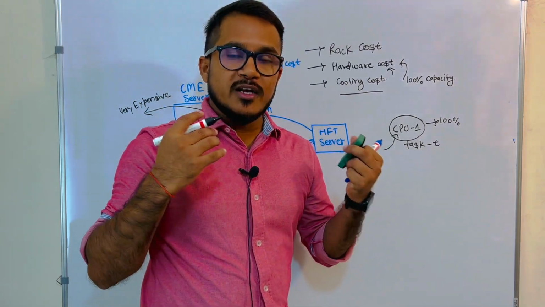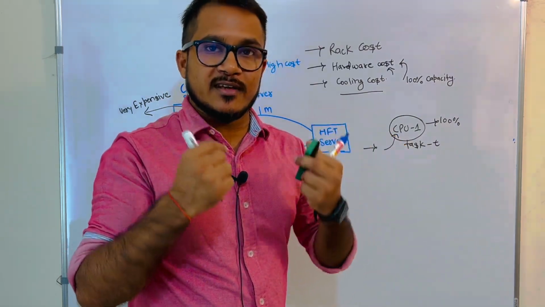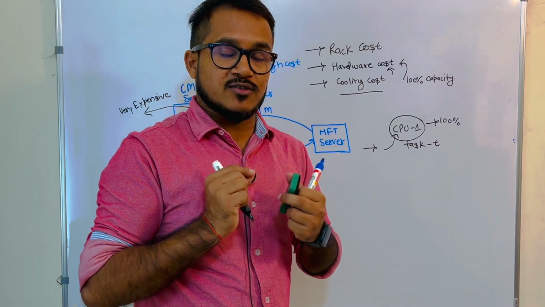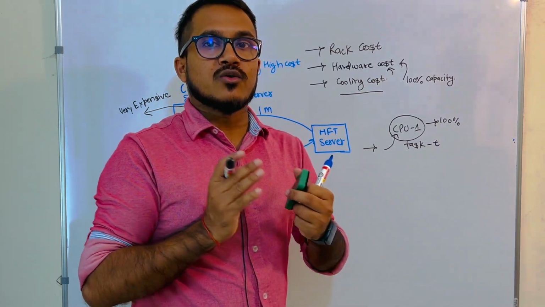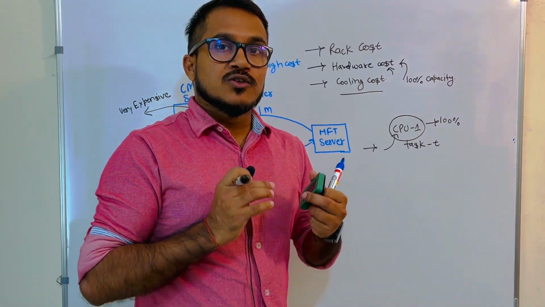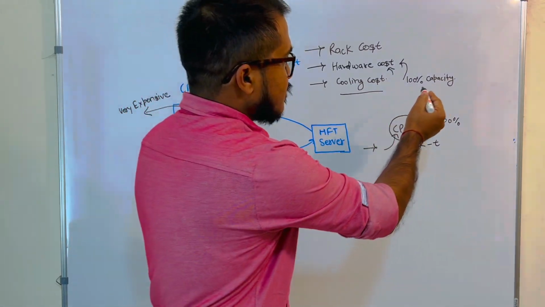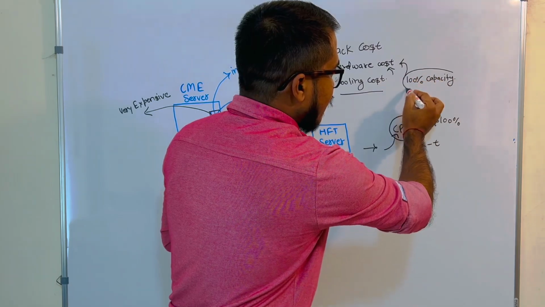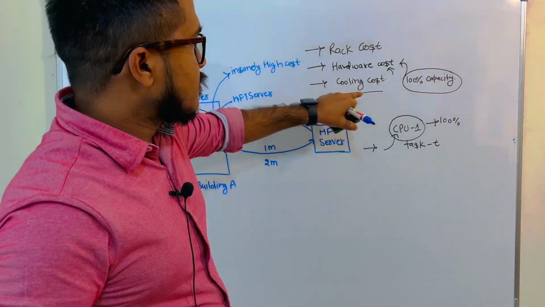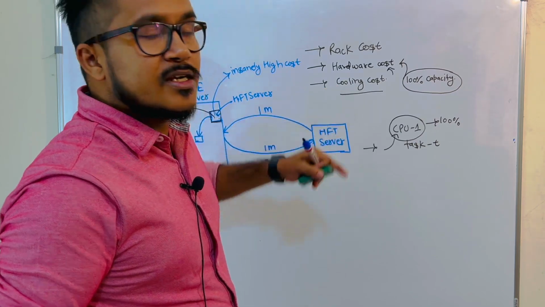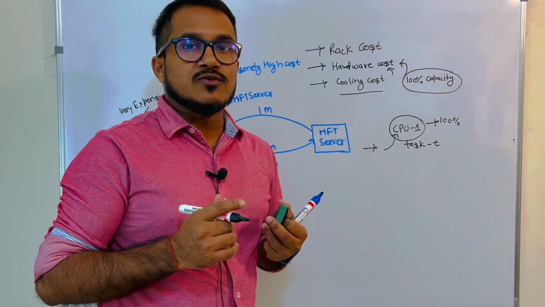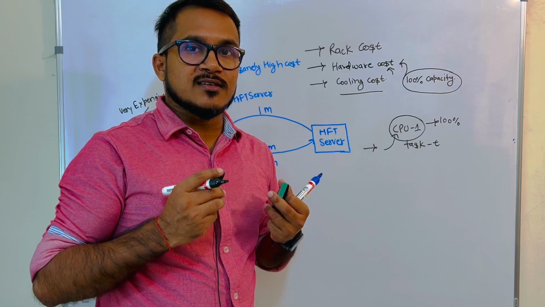So CPU need not get some kind of signal that there is some particular task to perform, and after performing the task, it is not going to go into the dormant state. So this is the reason why these CPUs are always running at their 100% capacity, and this becomes one of the reasons why cooling cost is so high when we are trying to set up the high frequency trading system servers.